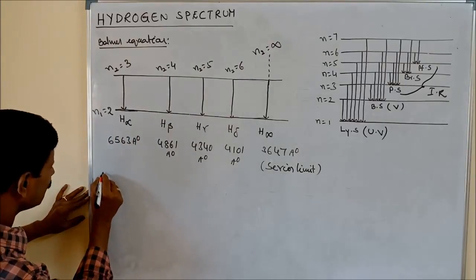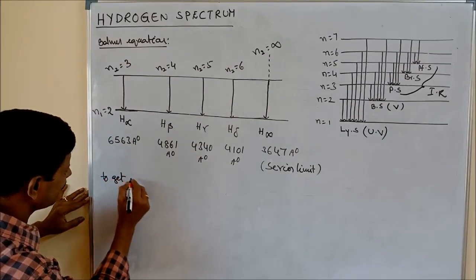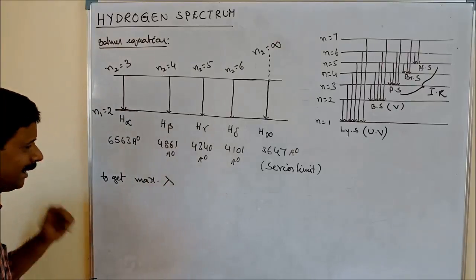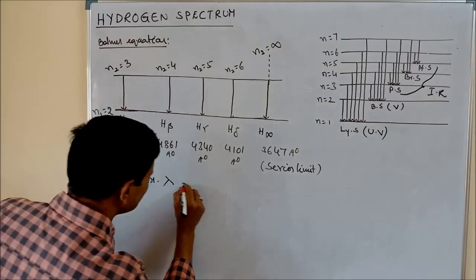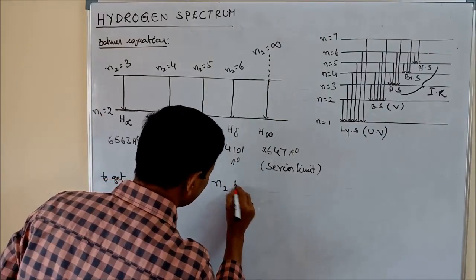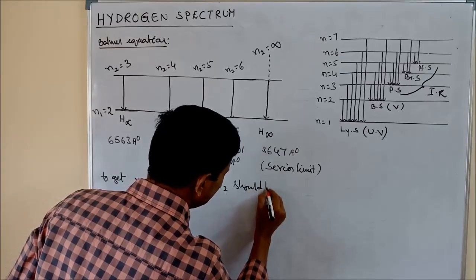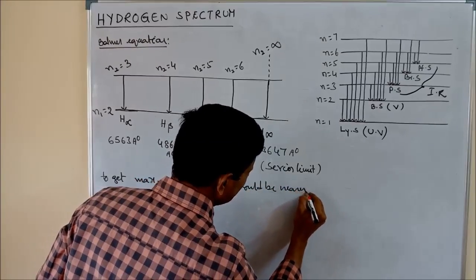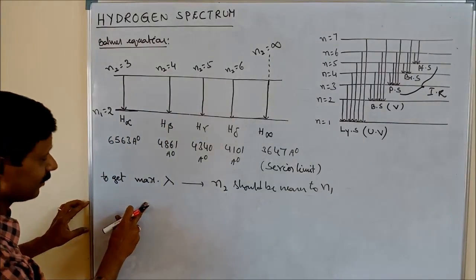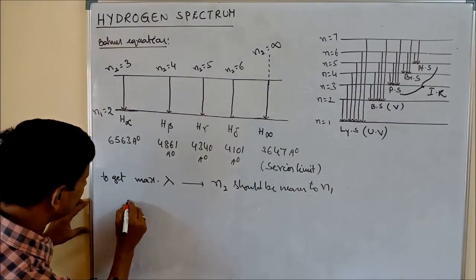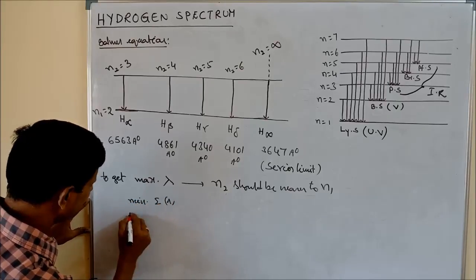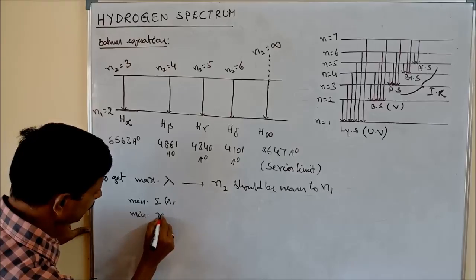So to get maximum wavelength in any series, not only in Balmer series, N2 should be nearer to N1. Since it is maximum wavelength, we can say it means minimum energy or minimum frequency.